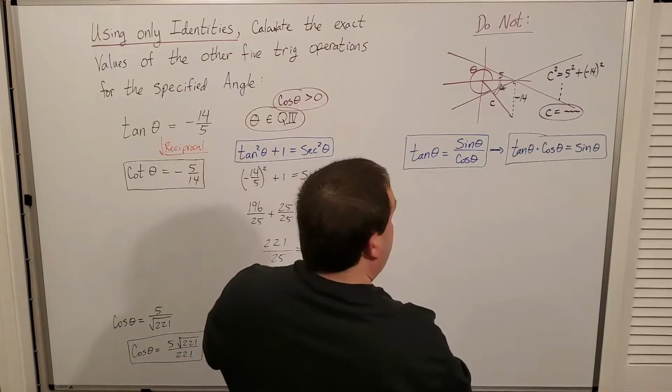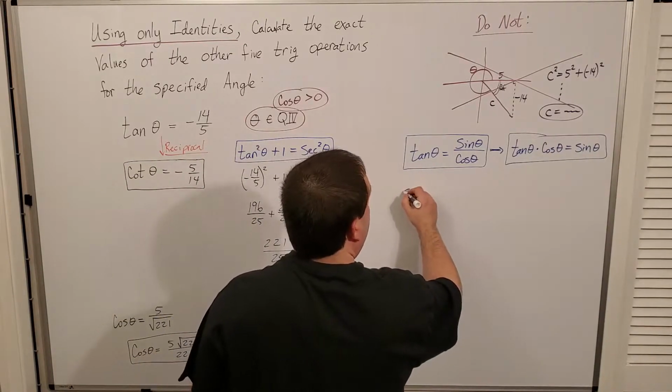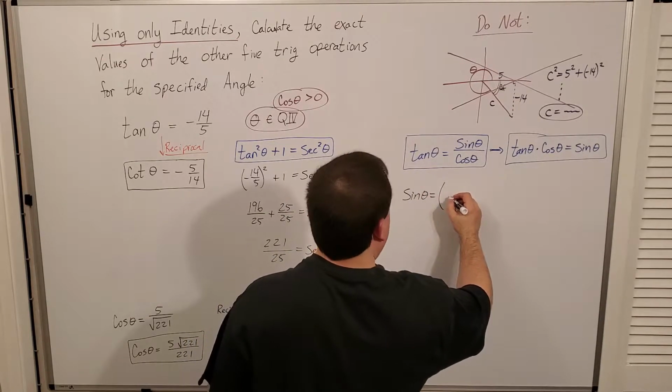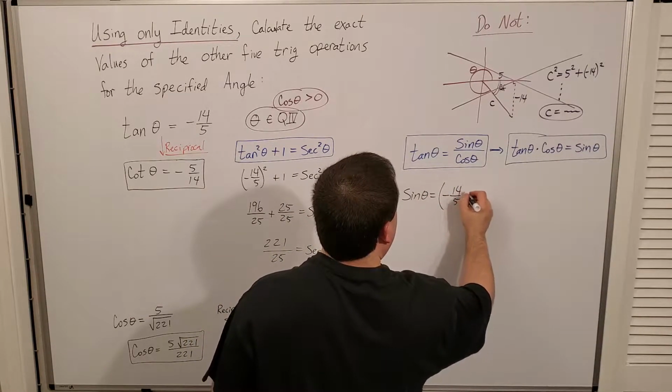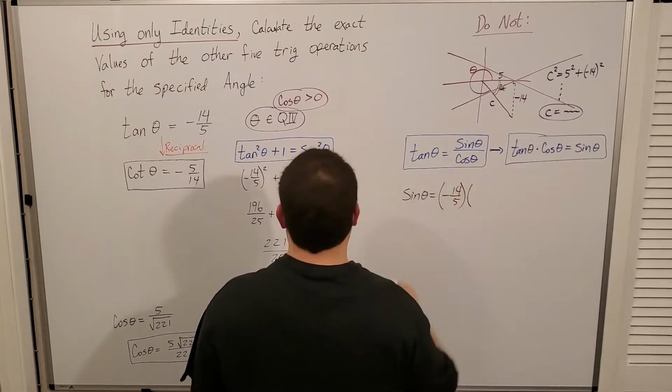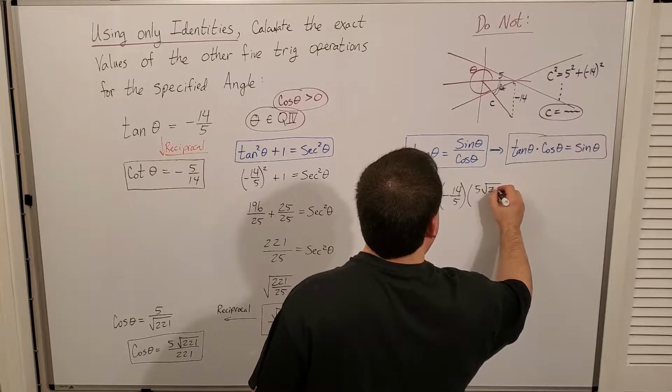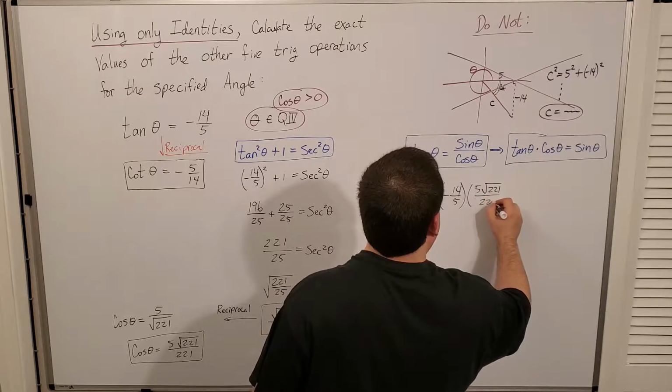But I happen to already have tangent and cosine of theta. So I can go directly to calculating sine. My sine theta is going to be equal to tangent, which is negative 14/5, times cosine, which is 5 square root of 221 over 221.